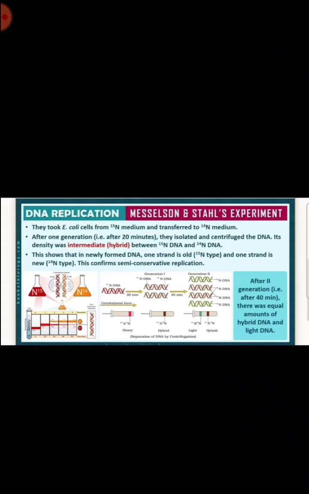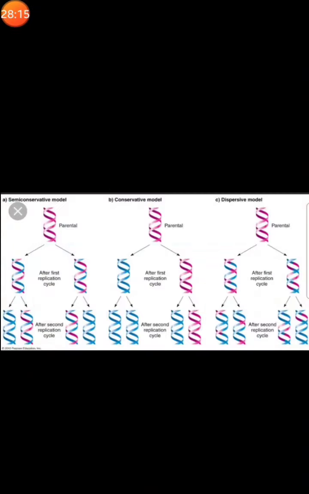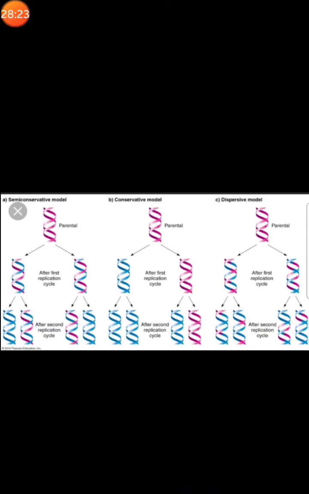And then the next, you just compare that experiment to this. So they proved that it is the semi-conservative method because in the first generation they are observing the intermediate. In the first generation what should they observe? Intermediate, because they have both the parental as well as newly synthesized strands, right?